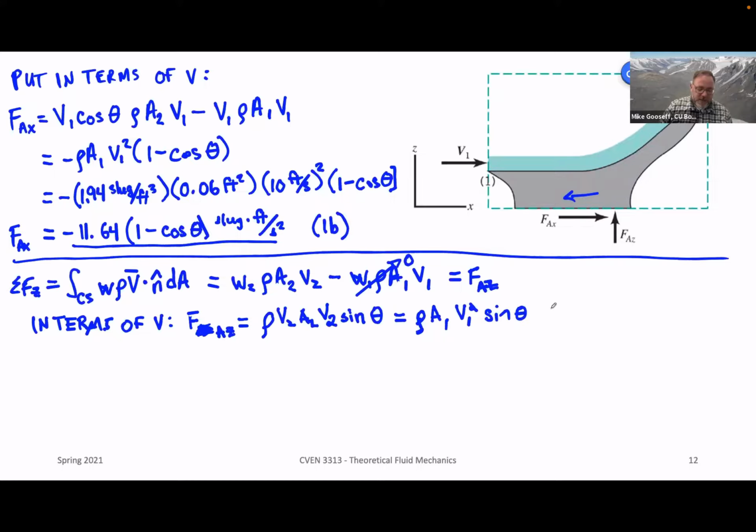And then we can plug into this some values that we have.